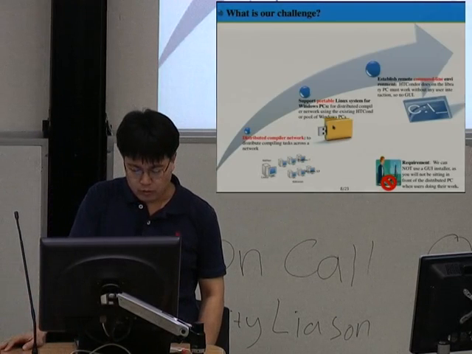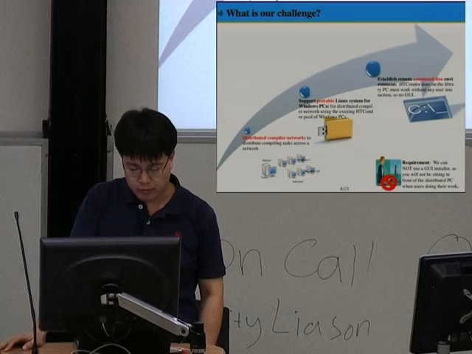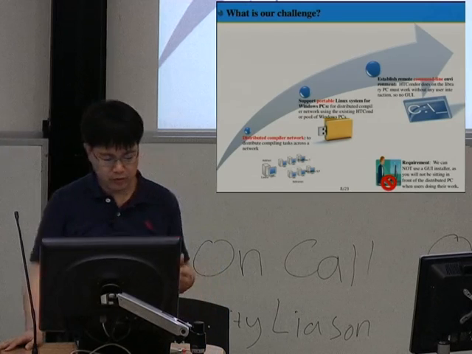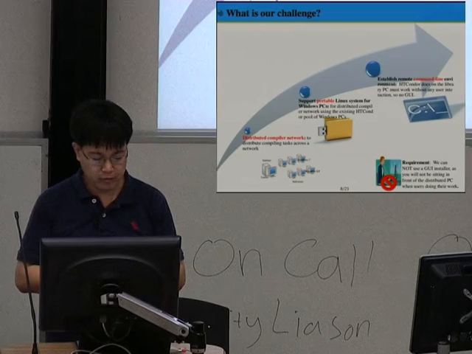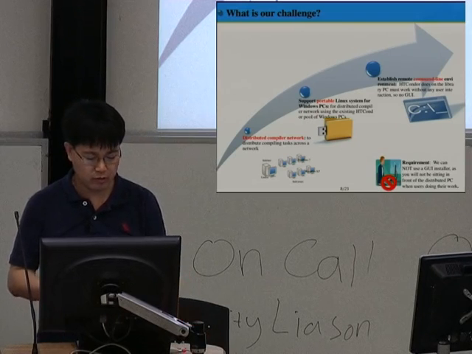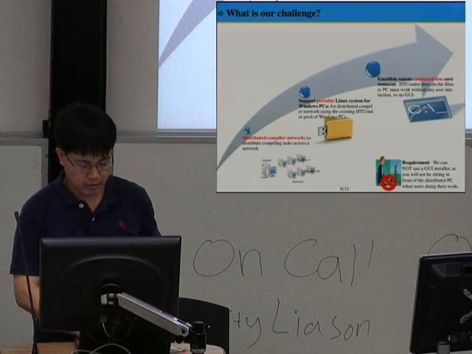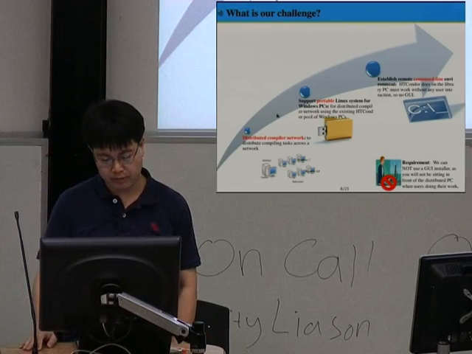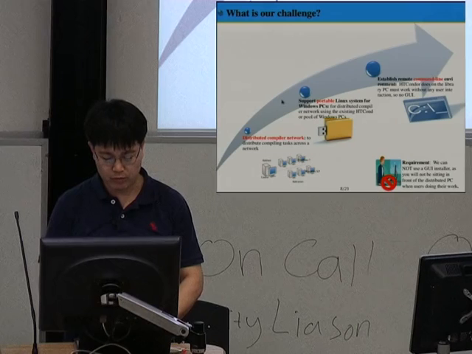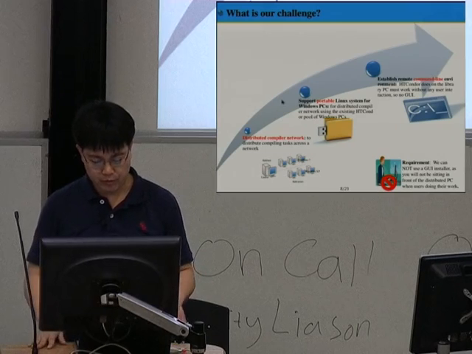So we designed three major components to achieve our challenges. The first is the distributed compiler network to distribute the compiling task across the networks, like this picture. And second, the facilities that support a portable Linux system for the remote desktop computers.